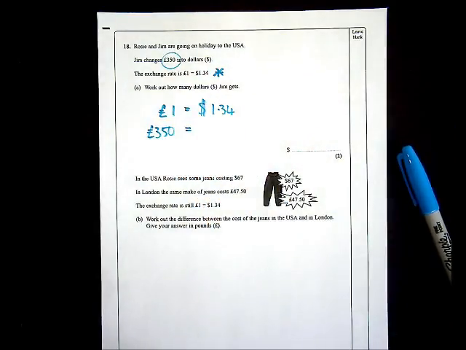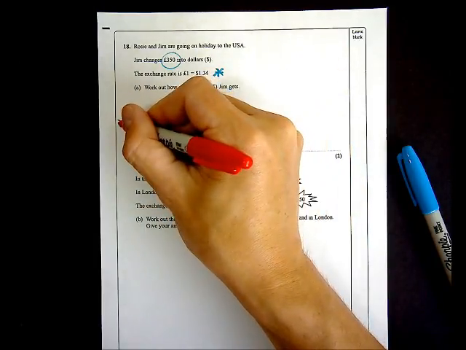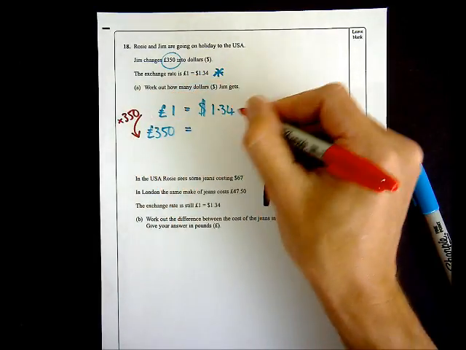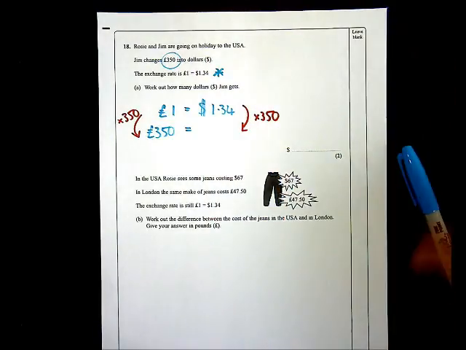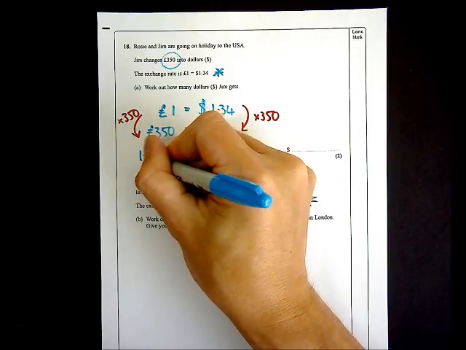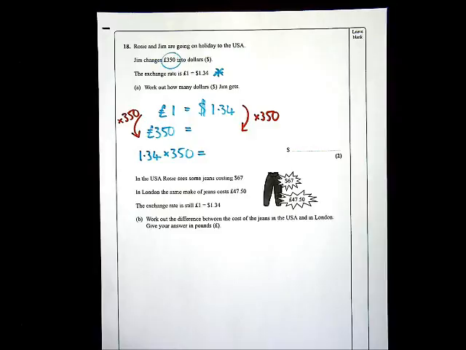Now what I need to do is figure out how many lots of £1 I'm going to require to get to 350, and that would be 350. So I'm going to multiply the other side by 350 as well, and that will get me that 1.34 times 350 will be my amount in dollars.